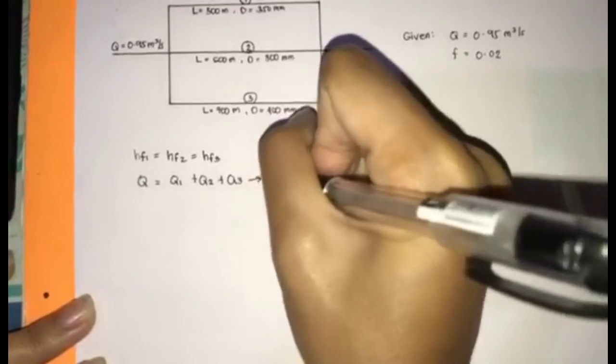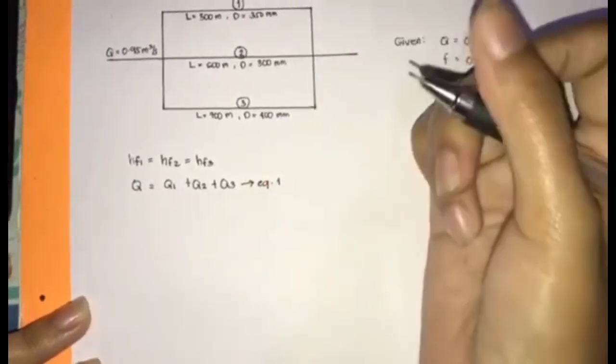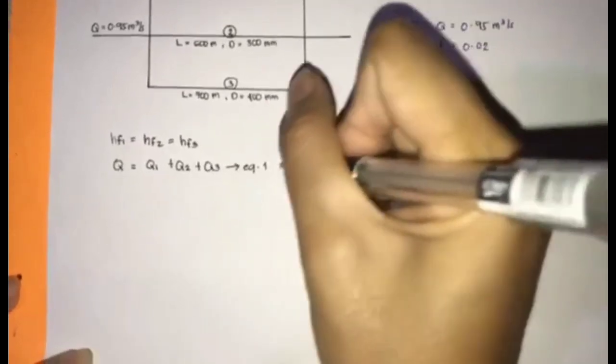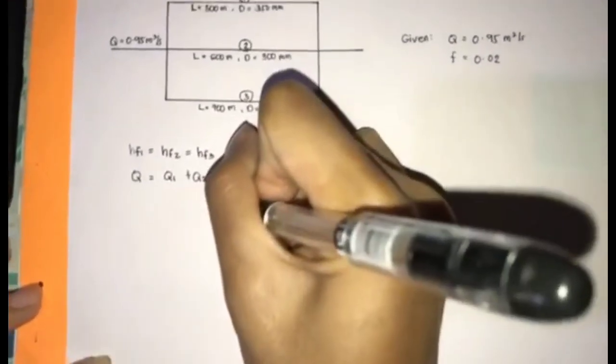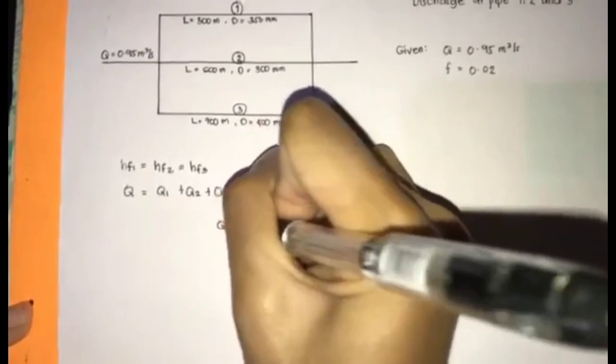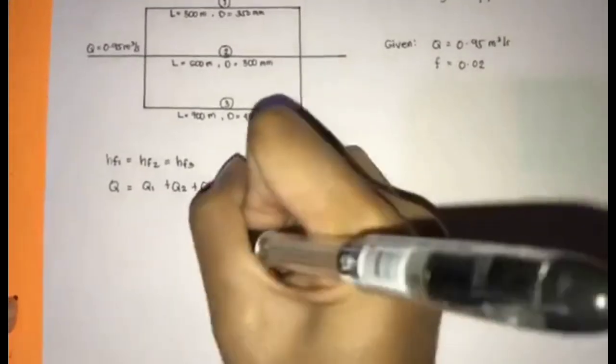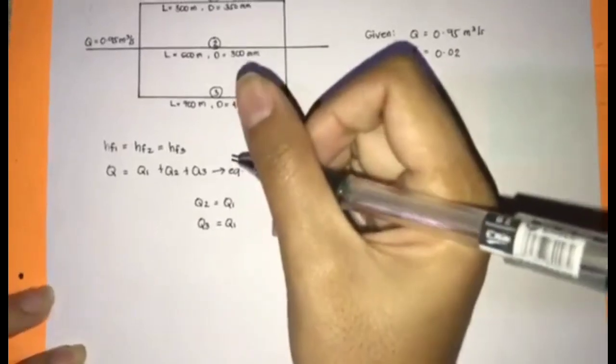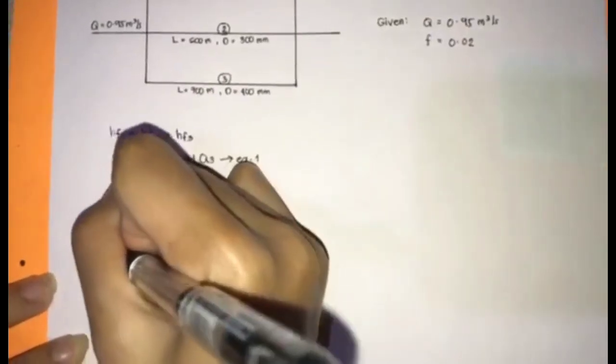So, this is now our equation 1. So, we can solve for Q2 and Q3 in terms of Q1. So, we can use the equation HF1 is equal to HF2, meaning we have two discharges, the Q1 and Q2.